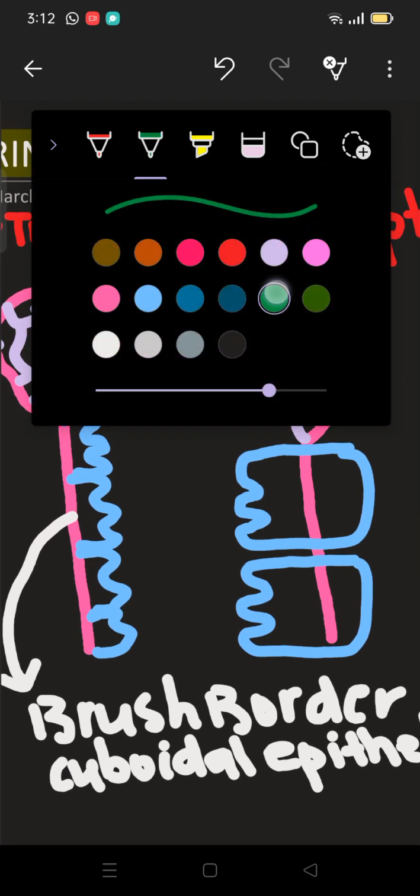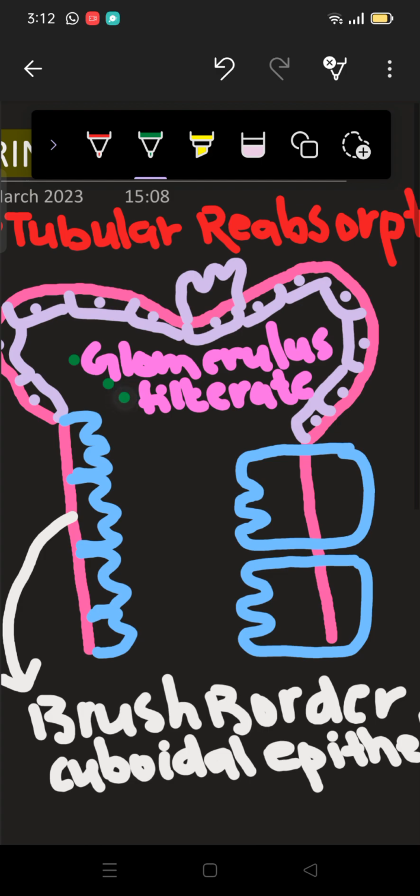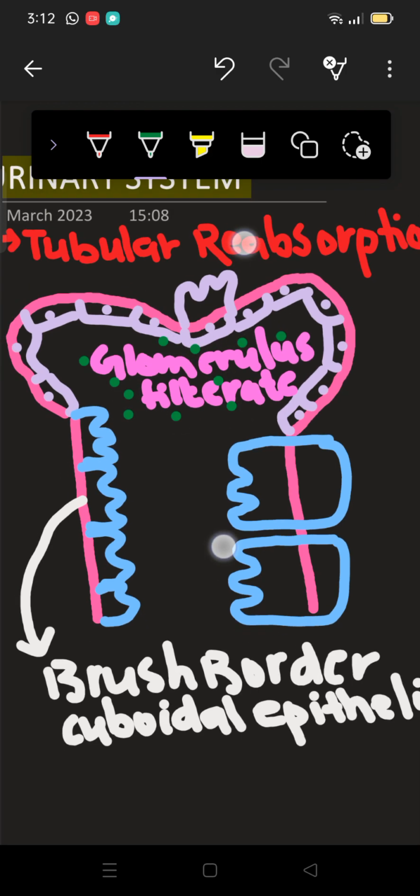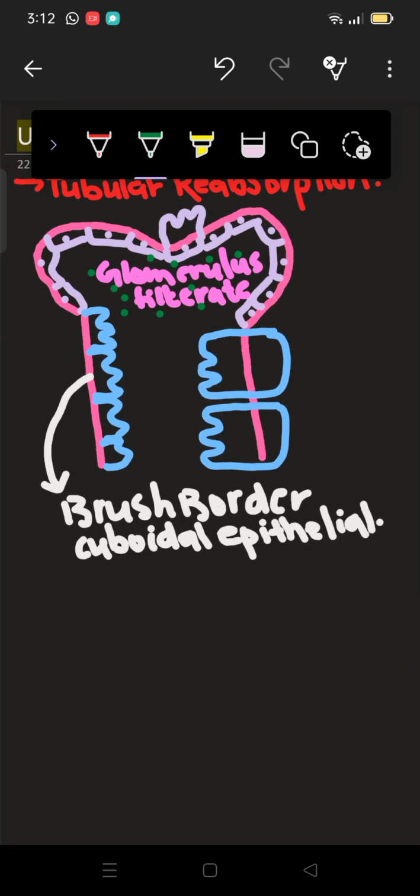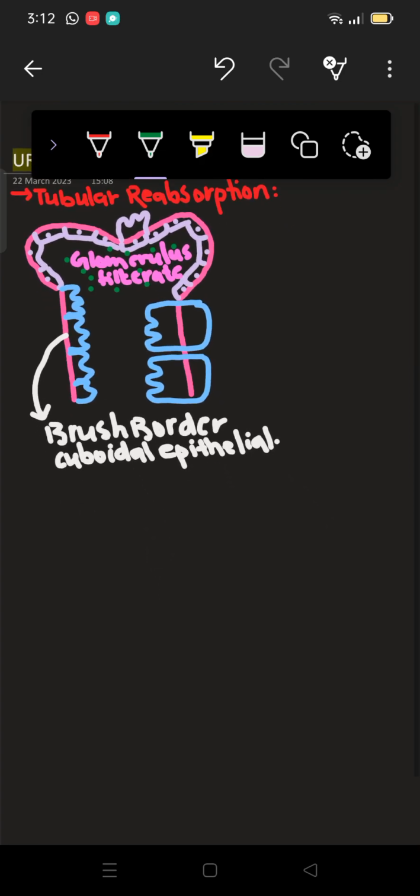This is basically glomerular filtrate. Now reabsorption will happen by the PCT, the proximal convoluted tubule.